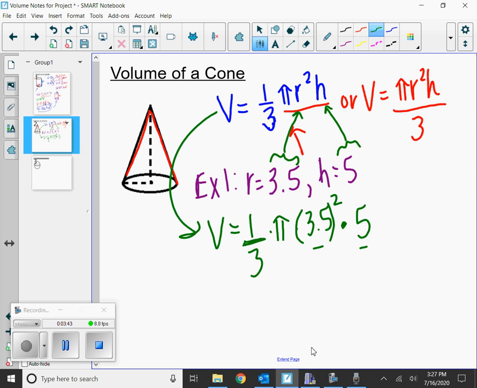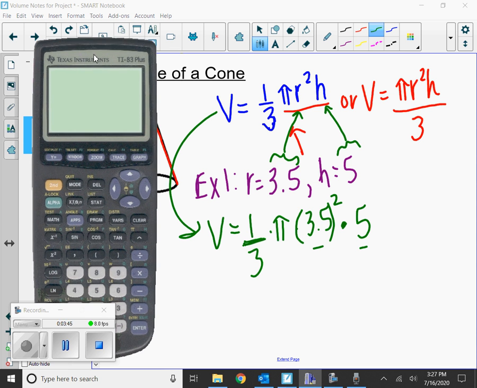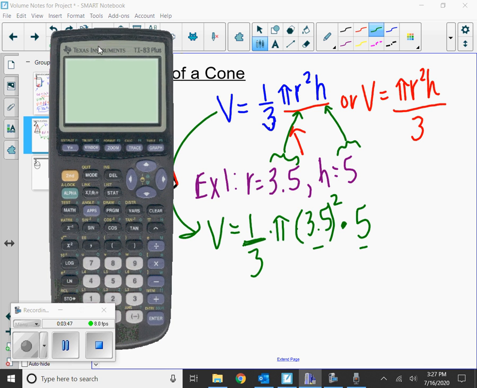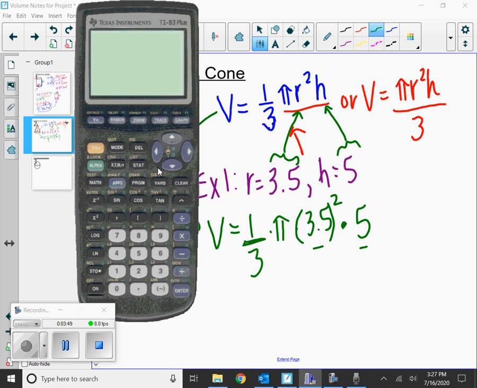I'm going to pull out the calculator, turn it on, and here are the ones from the last tutorial. We're going to clear that out and type this in. When I type in 1/3, personally, I like to put 1/3 in parentheses, and remember to open up your parentheses. 1/3 just means 1 divided by 3; your fraction just represents that division.